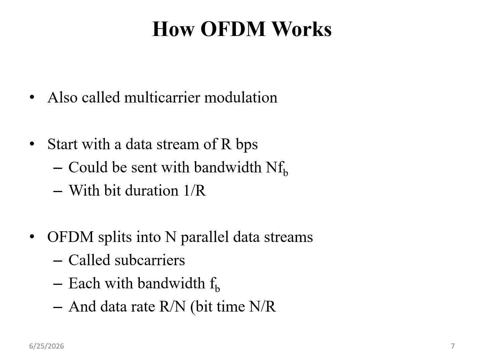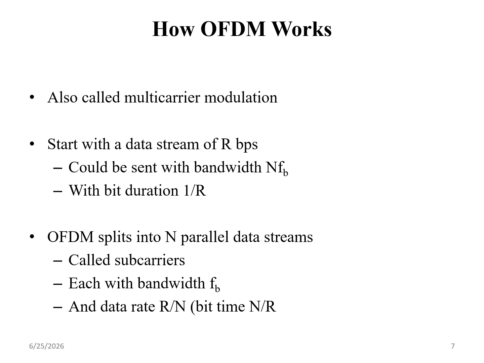This OFDM splits into N parallel data streams. As I said, it is named a multi-carrier modulation. So your carrier frequency will be divided into subcarriers, so that only it is called a subcarrier, each with bandwidth FB. FB is nothing but frequency bandwidth.